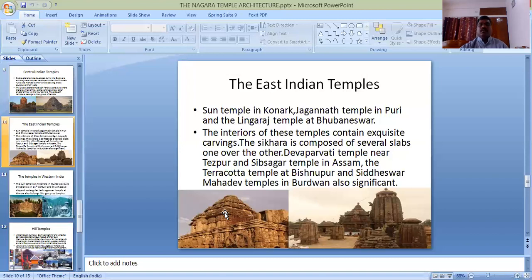Their shikhara is composed of several slabs, one over the other. So the shikhara was multiple, especially several slabs, and with their position as a regional context, they are commonly known as East Indian temple architecture.